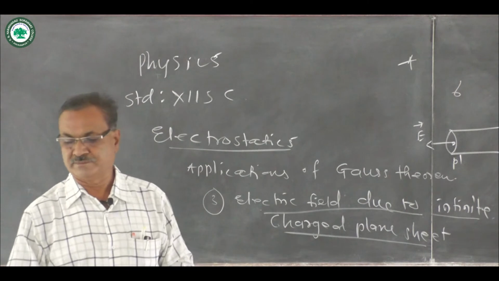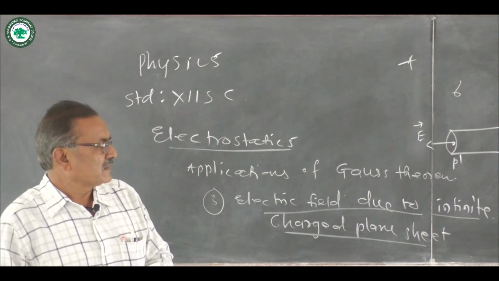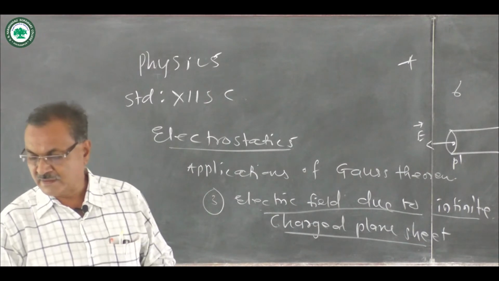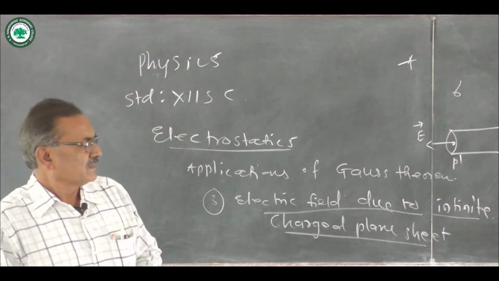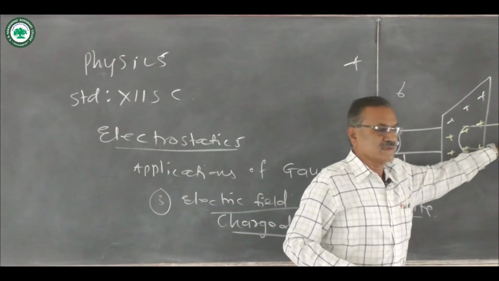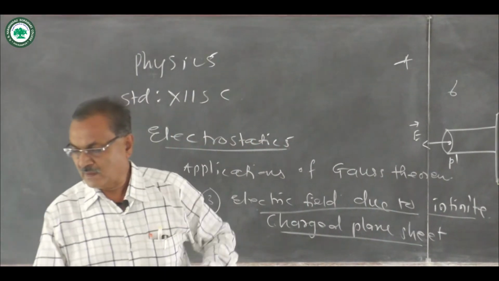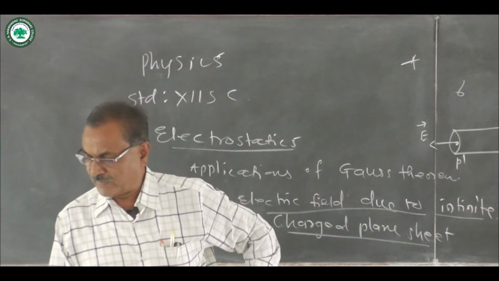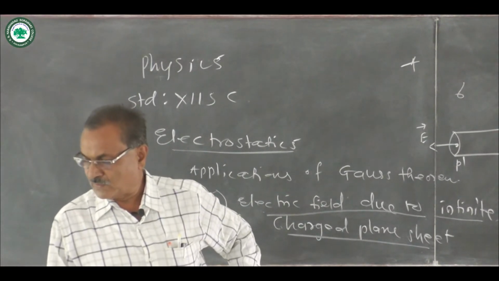By symmetry, the electric field intensity is at right angles to the end caps, that is, the electric field here is perpendicular to these end caps. Now we can find out the magnitude of electric intensity at point P.